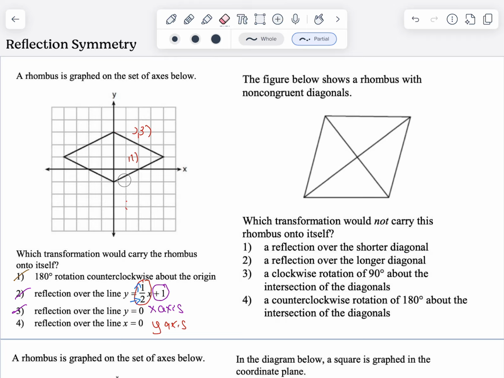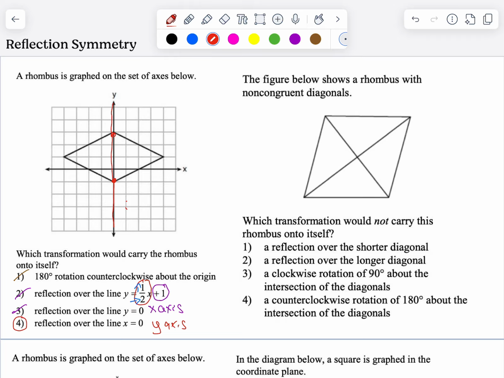So the y-axis is the line x equals 0, and that is a real line of symmetry. It goes from a corner to a corner inside the shape, dividing it into mirror images, clear mirror images on both sides. So hopefully comparing answer choice 4 to answer choice 2, we see why answer choice 4 is the correct line that when reflected over would carry the rhombus onto itself.